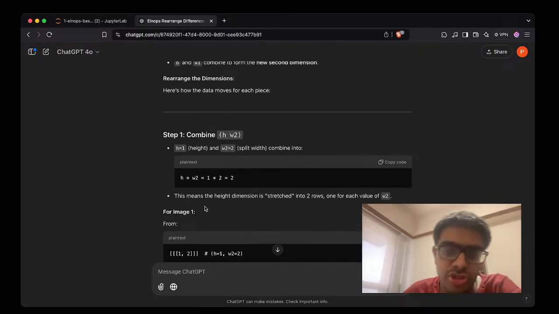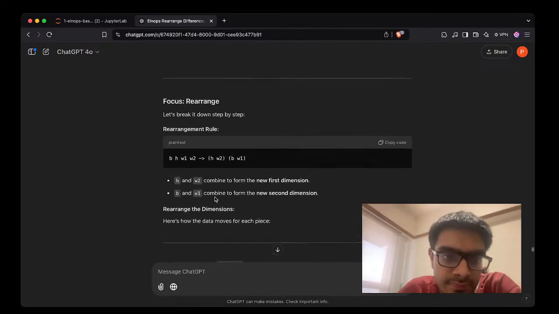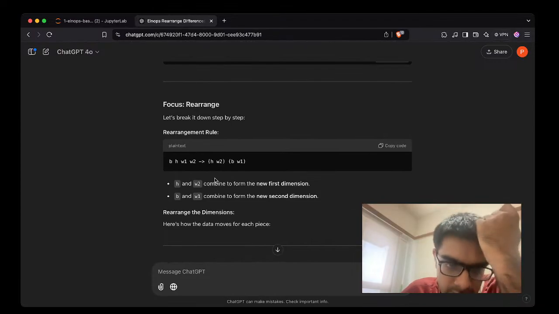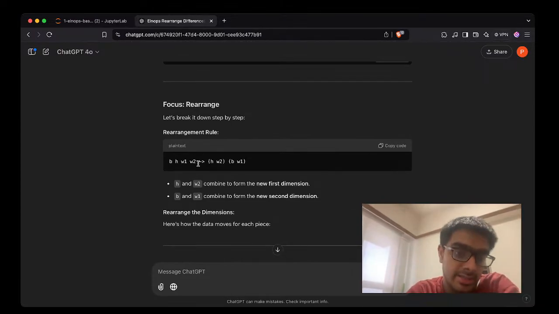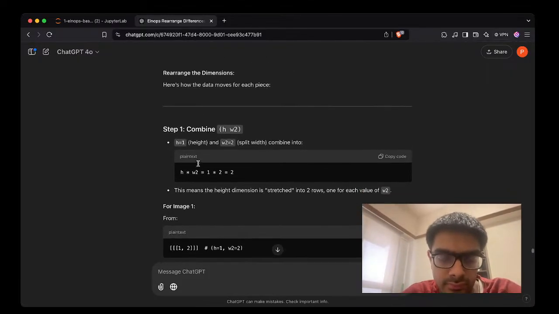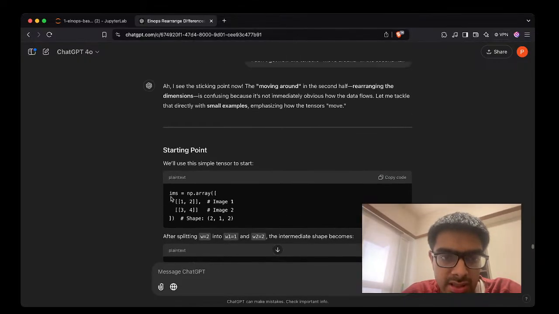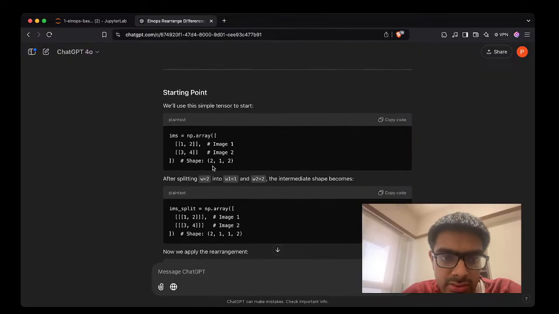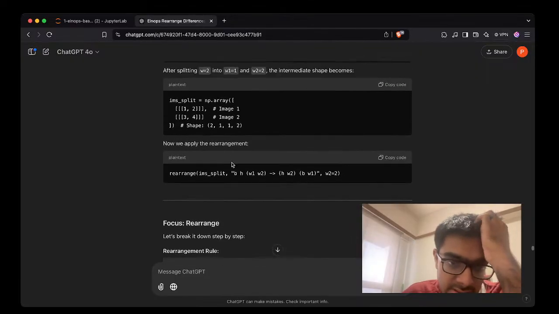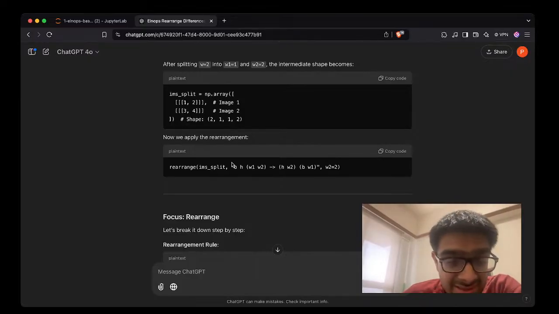The height dimension is stretched into 2 rows, one for each value of W2. I see, okay. So HW2 is combined, right? What does that mean? My H was 1, right? So then my H becomes 2. This is really confusing, man. H becomes 2.